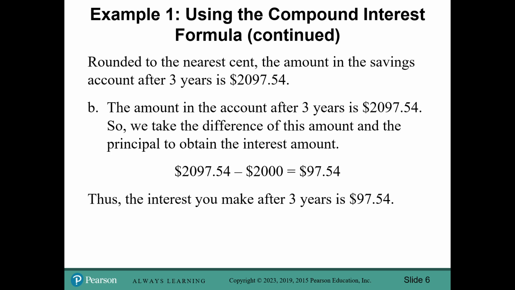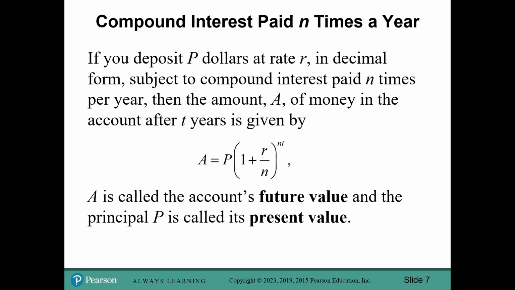We take the $2,097.54 that we calculated in part A, subtract our initial investment of $2,000, and we see that over 3 years we have made $97.54 in interest. Alright, so that's compound interest paid just once a year.